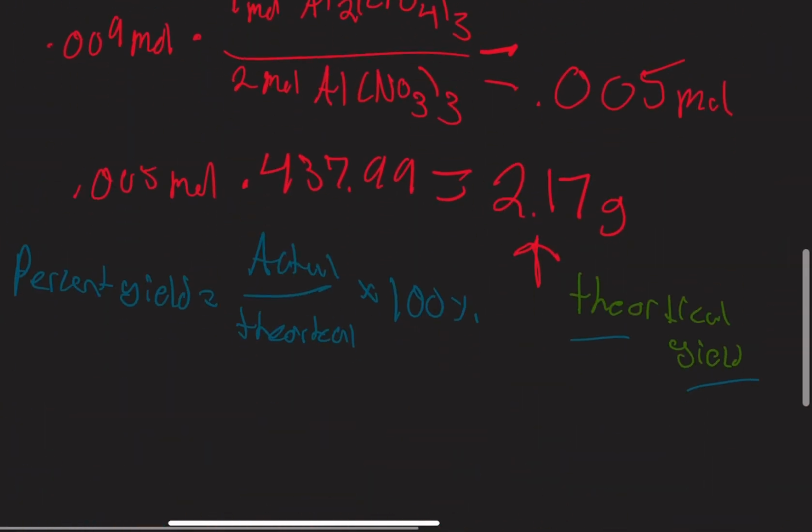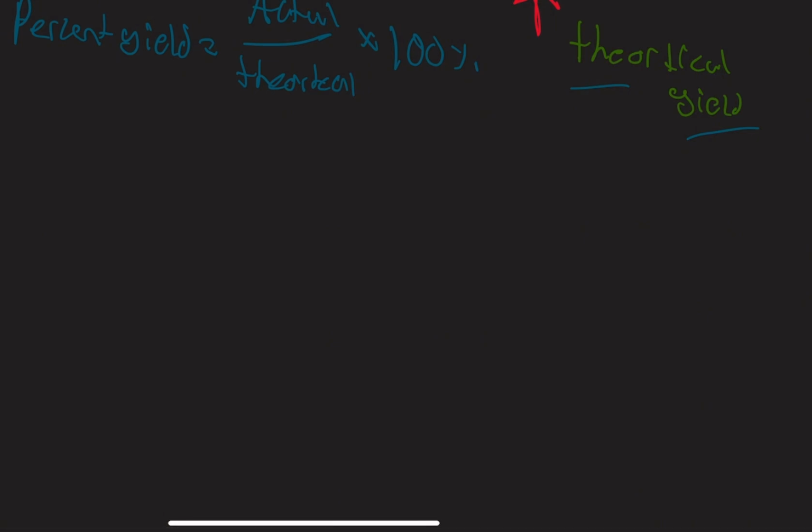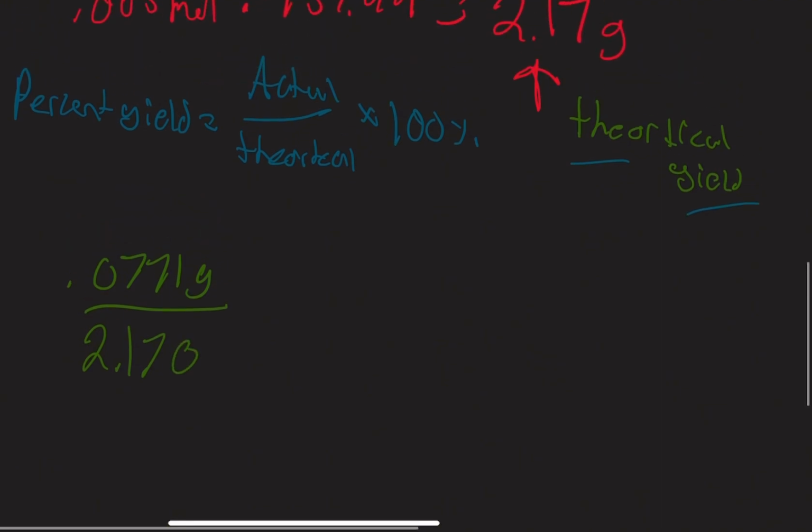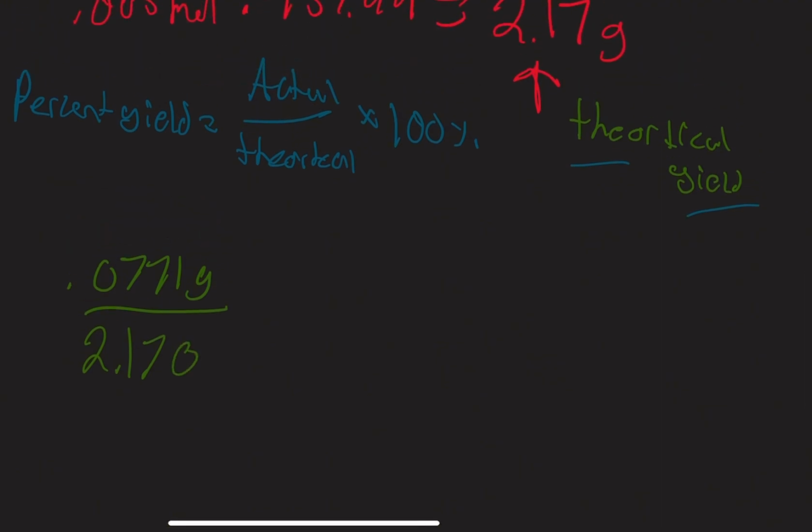So we're going to put our actual yield over our theoretical yield and multiply by 100%.